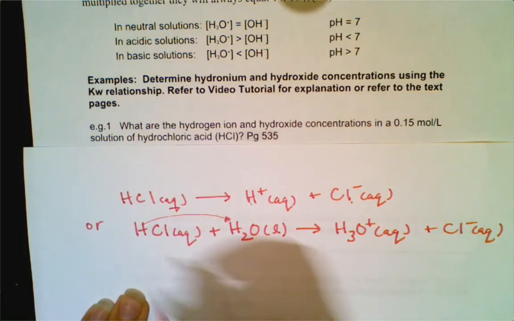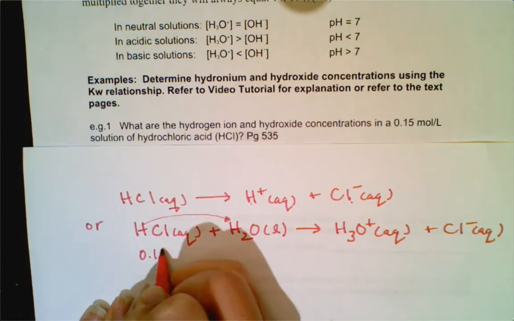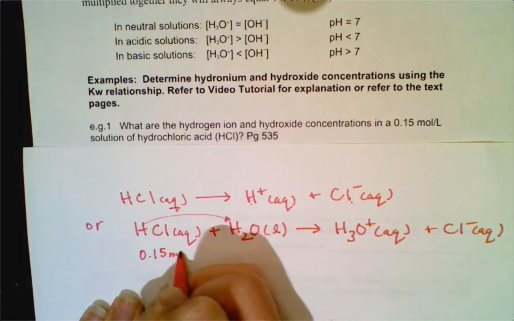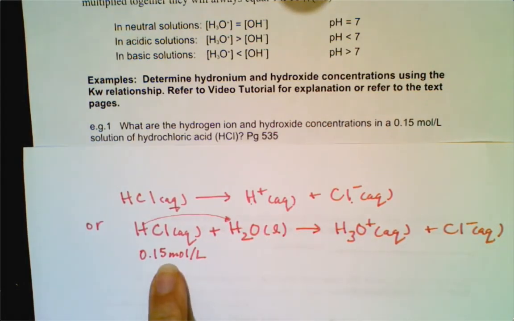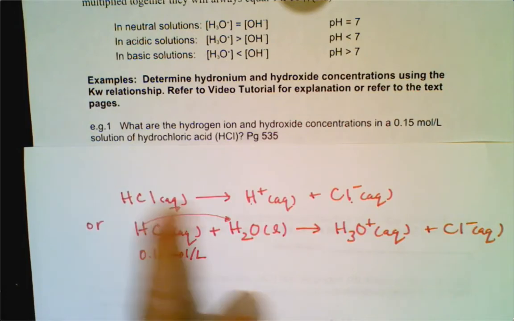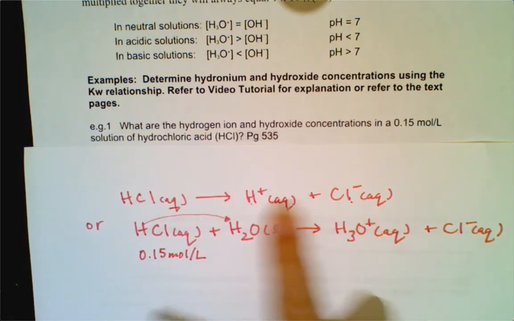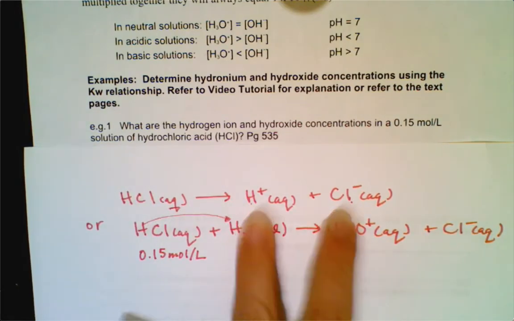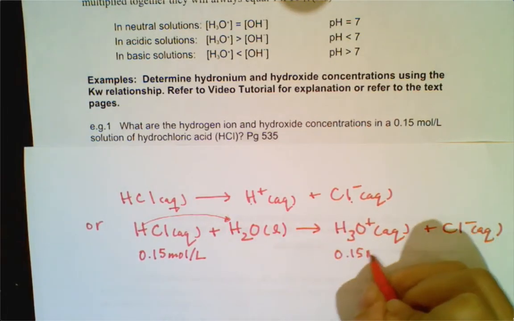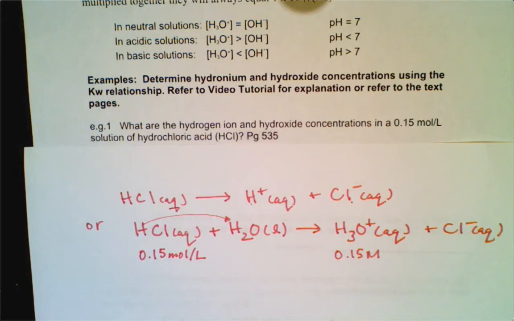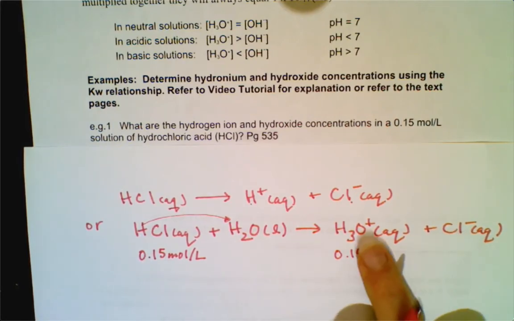We want to note that this is a 0.15 mole per liter solution. Knowing that, we know it is 1-to-1 with each of the ions that it dissociates into. So the concentration of the hydronium ion is also 0.15, and so is the chloride ion. But we're just interested in this one here.